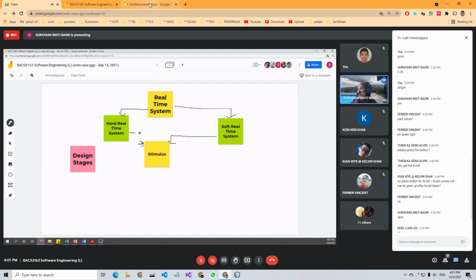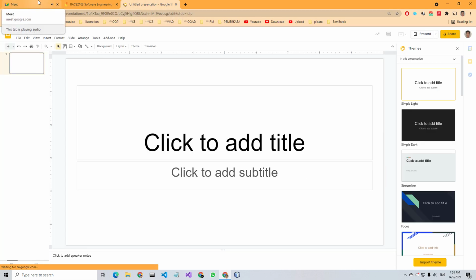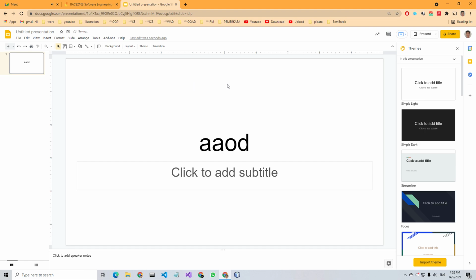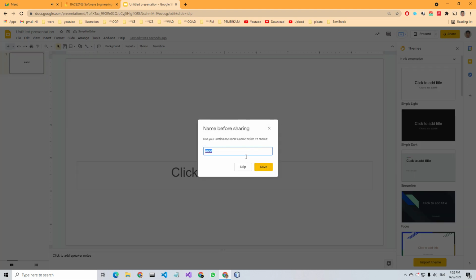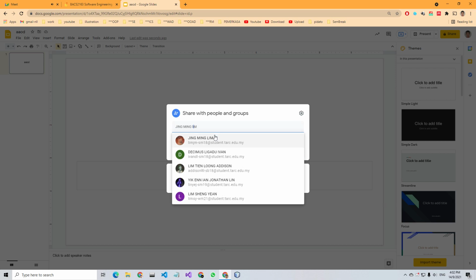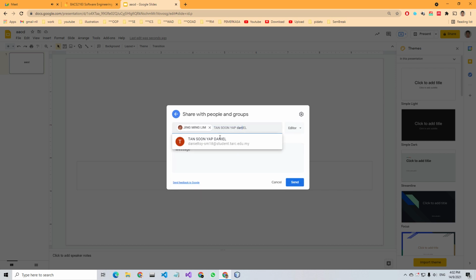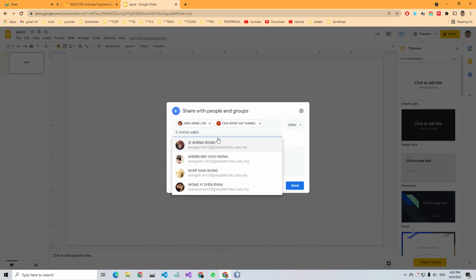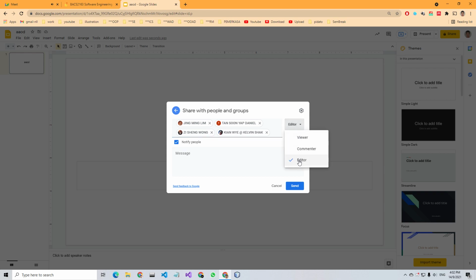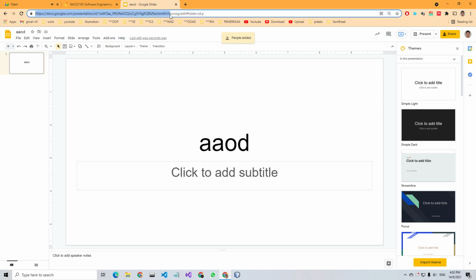There are two types of stimulus that can trigger either the hard or the soft real-time system. So I want Celine to contribute one type of stimulus, and Nyap Hao Wong to type the second type. Okay?